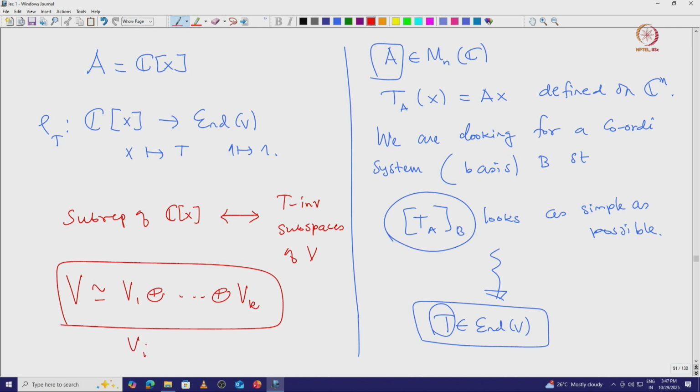So each V i is going to be an indecomposable subrepresentation of C x, which is the same as an indecomposable T invariant subspace. That is why writing a representation as a direct sum of indecomposable representations gives us a lot from the application point of view.